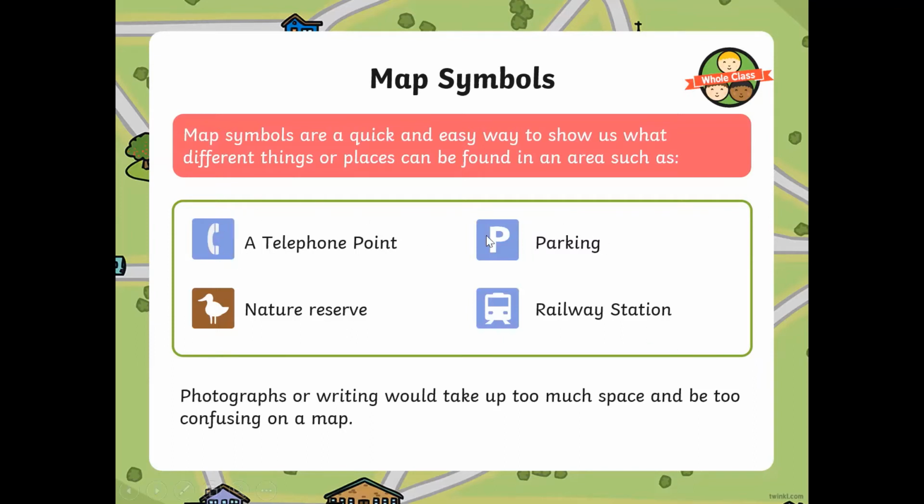A parking, it's with a P symbol, a nature reserve, or a railway station. These are some of the symbols that are used. Photographs or writing would take up too much space and be too confusing on a map. That's why we use symbols to tell us where things are.